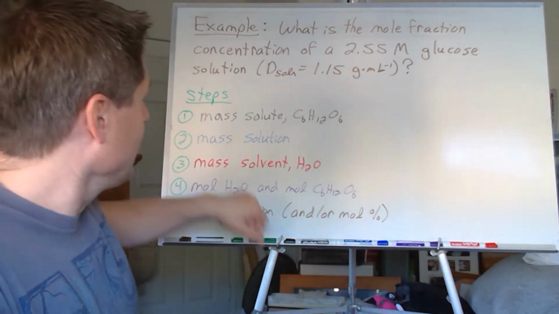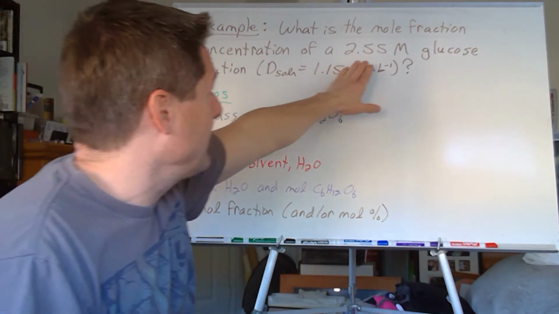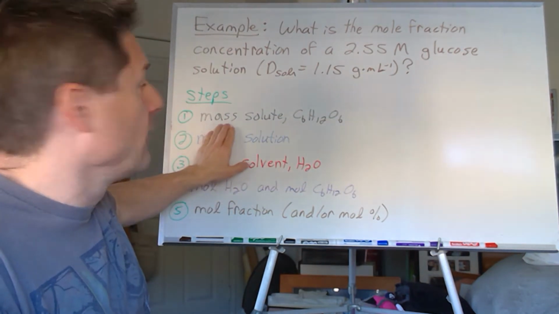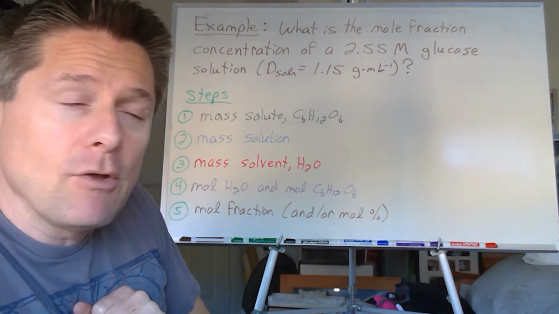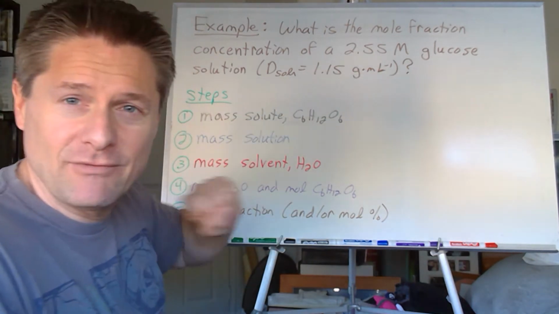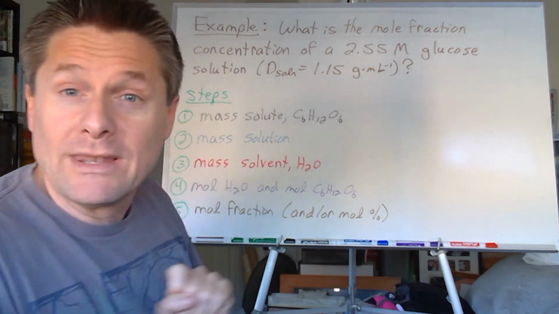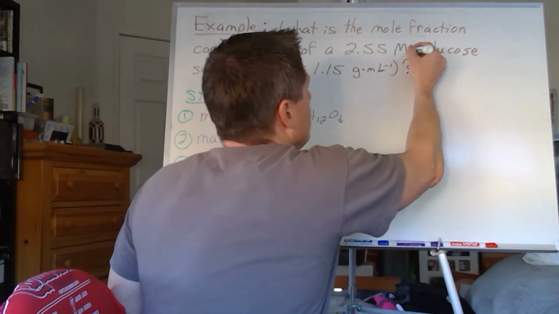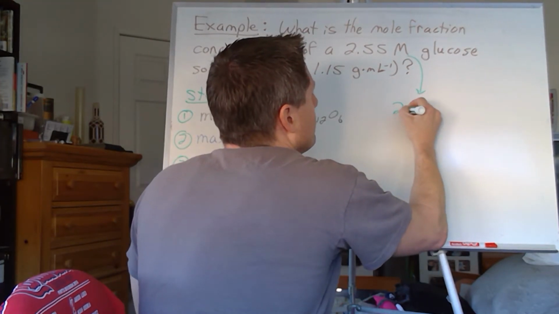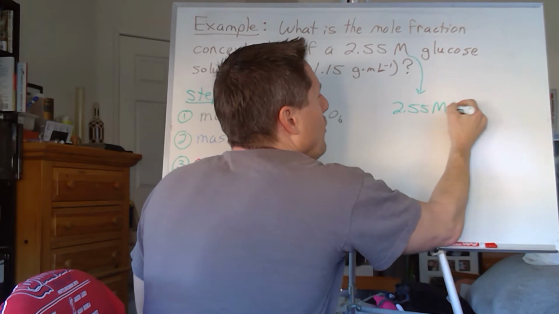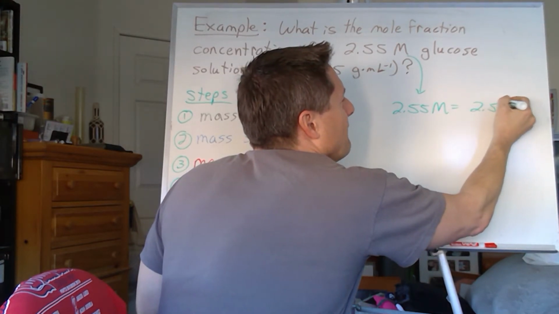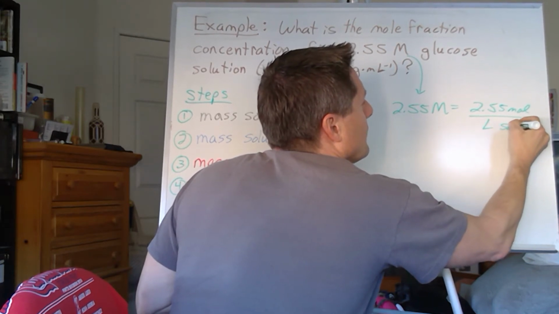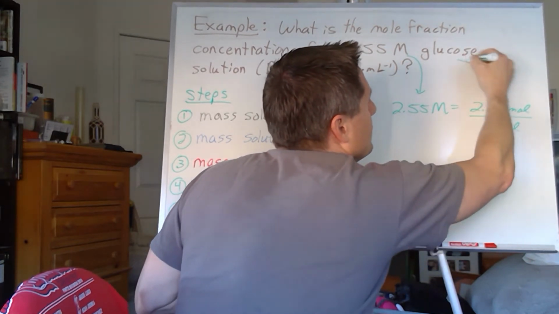So here's your process. First, we need to take the moles of glucose, C6H12O6, hopefully you knew that, and convert that to grams, right? Let's get the mass of that solute. Then let's use the density of the solution, assuming we've got exactly 1 liter, right? We got 2.55 moles, making this assumption. So 2.55 molar is 2.55 moles of glucose per liter of solution.